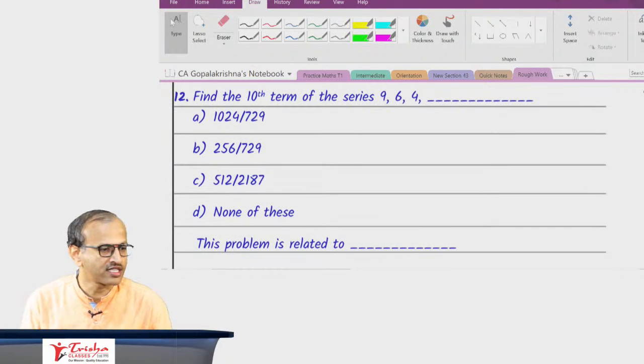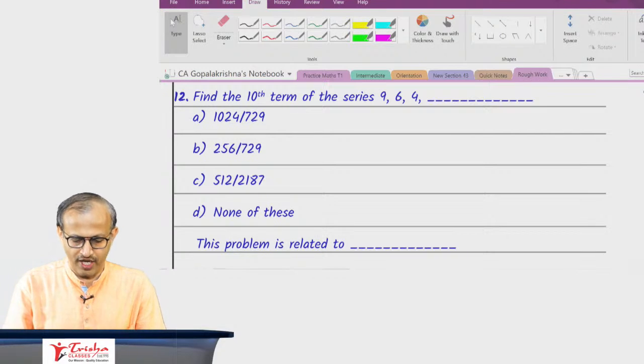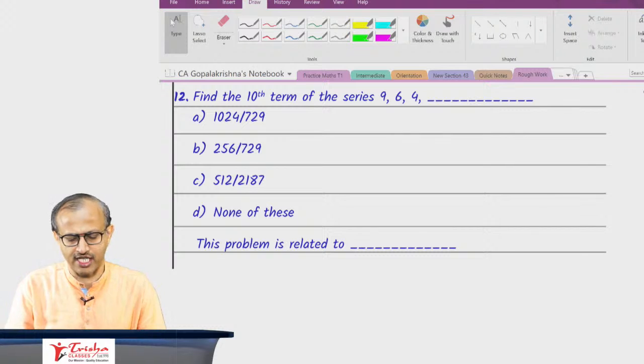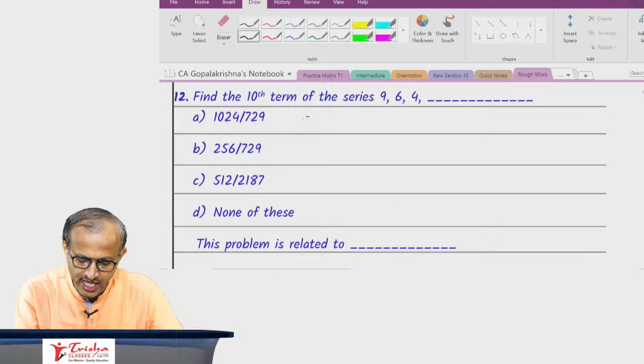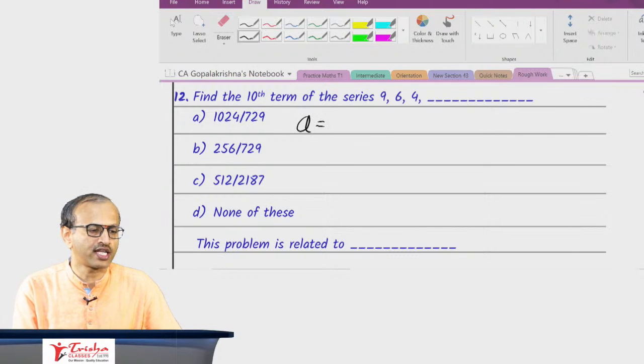B for Bharat. Question number 12. Find the 10th term of the series 9, 6, 4, and so on. Students, first you tell me what is A. All of you tell me what is A. Are all of you able to see fully?